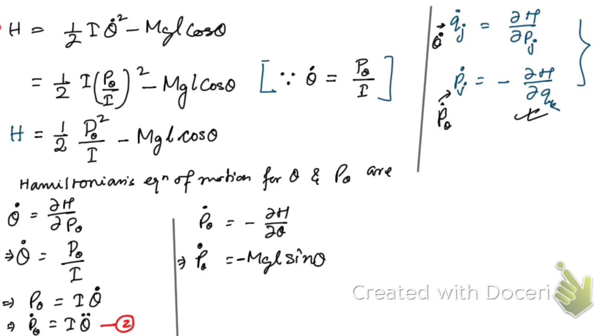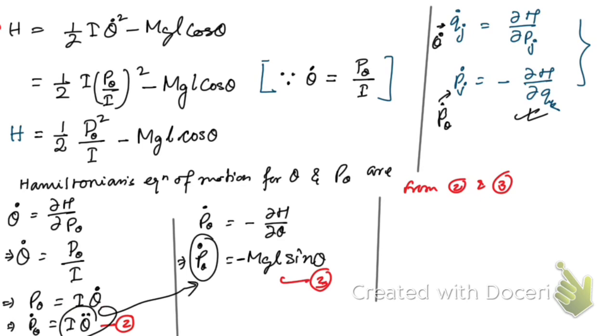From these two equations, 2 and 3, we can write that p_theta dot can be replaced by this value. Then we have I theta double dot is equal to minus mgl sin theta.